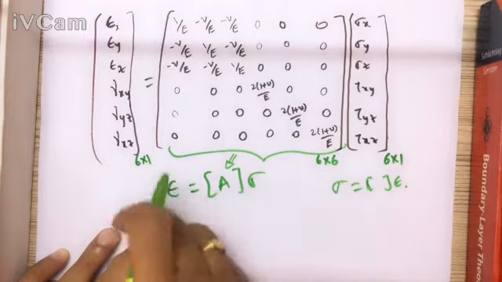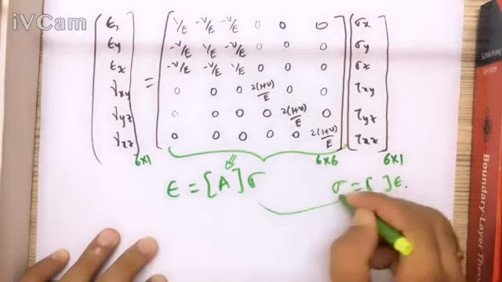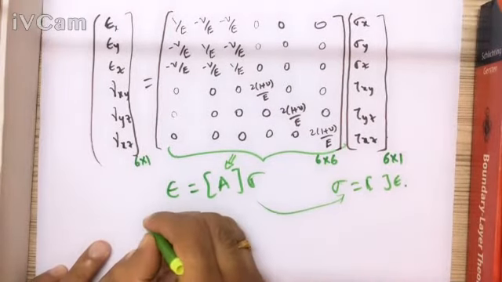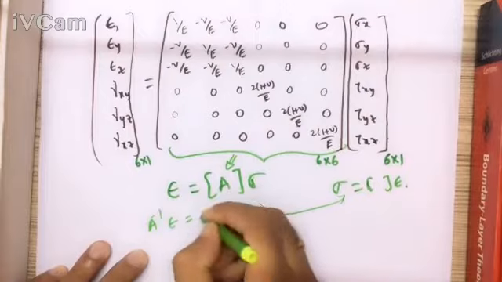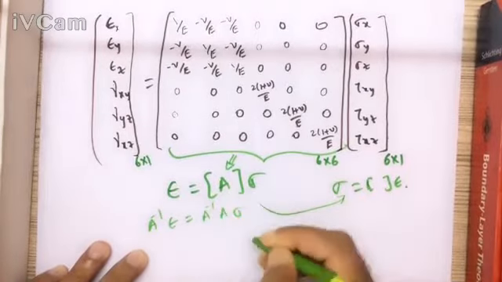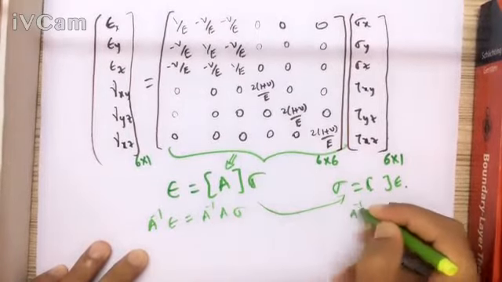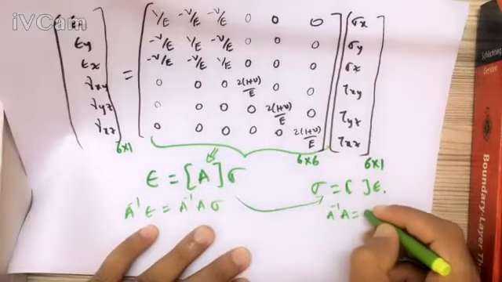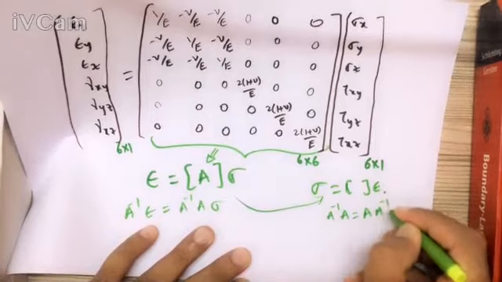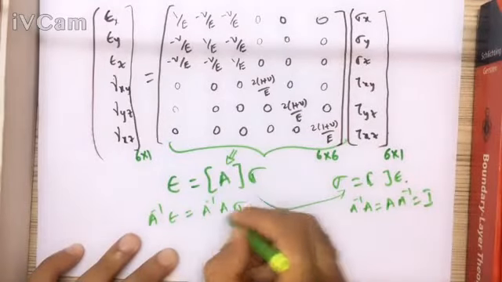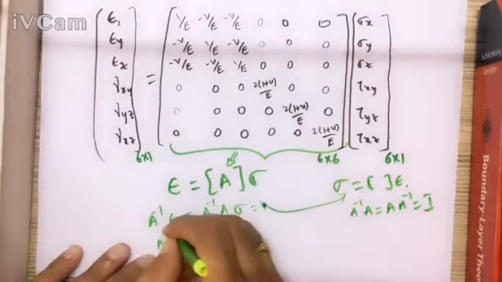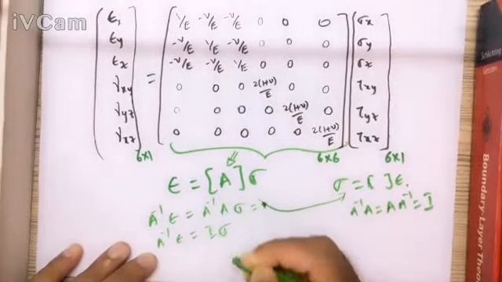In order to convert this into this form, I'll multiply both sides with A inverse. So A inverse into epsilon is equal to A inverse into A into sigma. You know the matrix identity, A inverse into A is equal to A into A inverse is equal to the identity matrix. So A inverse into epsilon is equal to I into sigma.